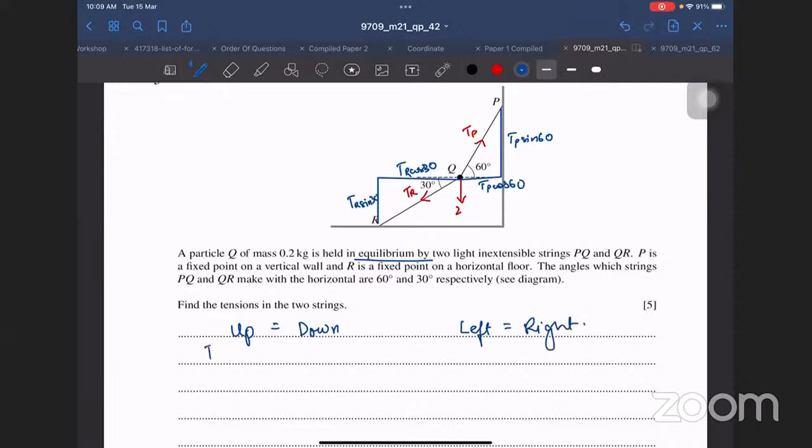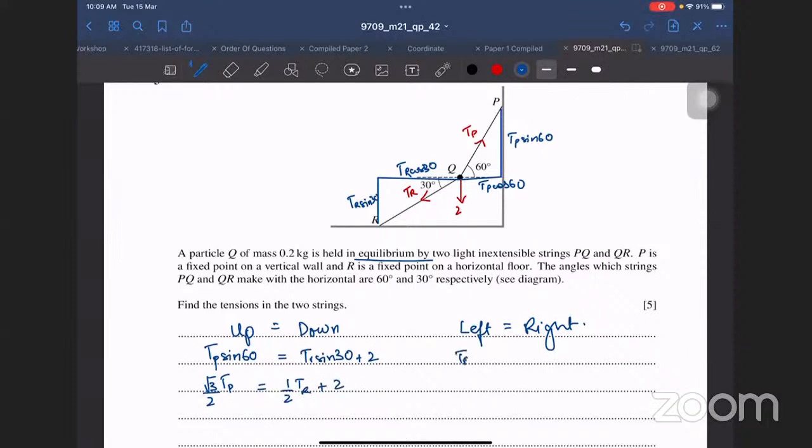So up I have TP sine 60. Down I have TR sine 30 plus 2. That is root 3 over 2 TP equals half TR plus 2.